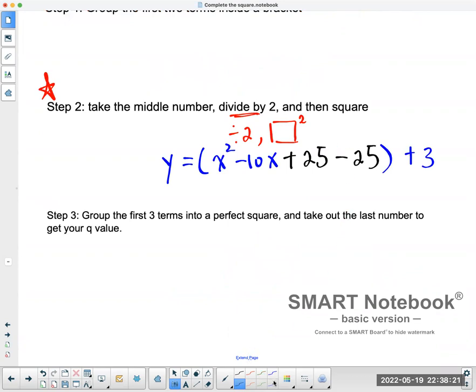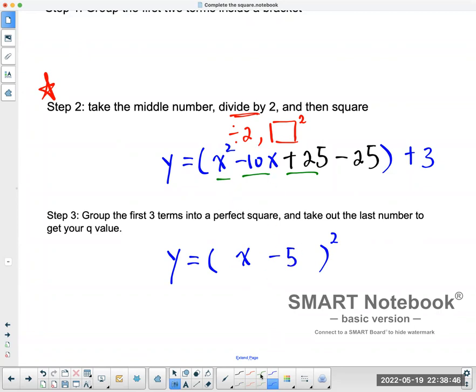The third step, you're now completing the perfect square. You group off the first three terms, x squared minus 10x plus 25, and that factors into a perfect square. That's x minus 5 squared, because if you expand x minus 5 squared, you get x squared minus 10x plus 25.